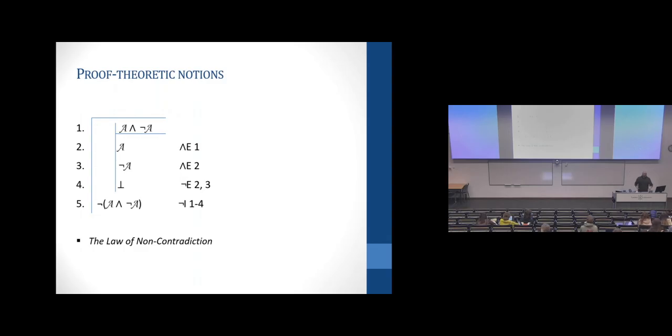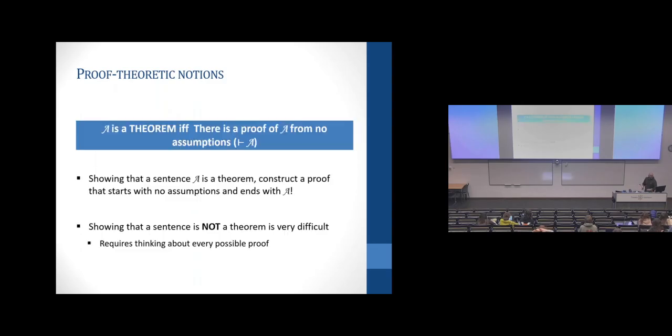So what's interesting, to go back a slide, is that while our system can show that a sentence is a theorem, it is not capable of showing that a sentence is not a theorem. I've said it's very difficult. That's me being very nice. The natural deduction system alone cannot show you that a sentence is not a theorem. Again, this is kind of parallel with showing you that you could not build a proof. The system can't do that.